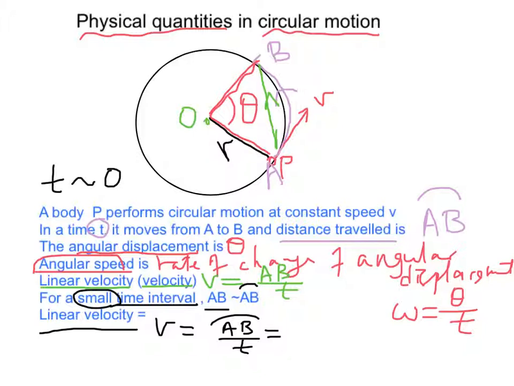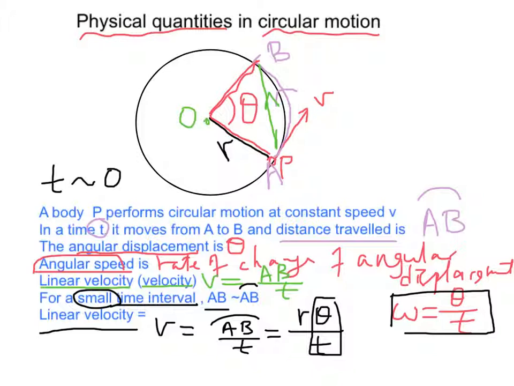Since arc length of AB equals the product of the radius times the angular displacement theta, we have v equal to r theta over t. Also, because angular speed is equal to theta over t, we can substitute omega for theta over t.